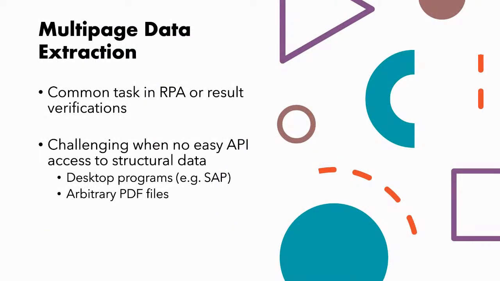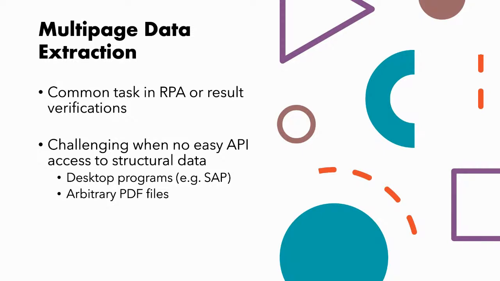And this is a common task in RPA or result verifications, where you have lists that you need to go through and check that every row has a certain text or something that indicates that everything is okay, or that we need to just extract data from the list, all the rows from a list.